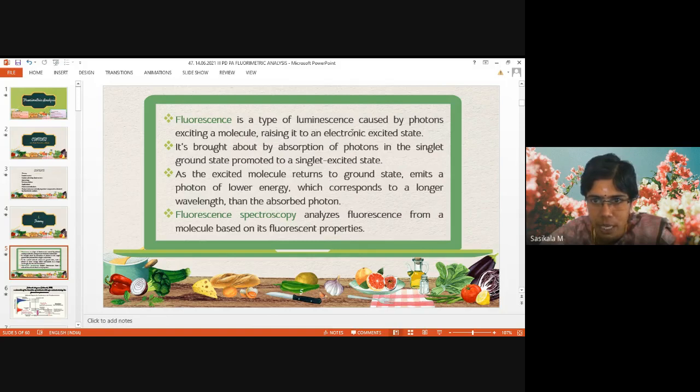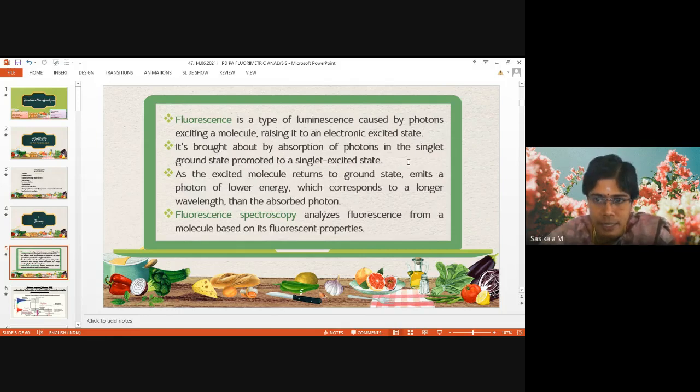So raising it to an electronic excited state is brought about by absorption of photons in the singlet ground state. Ground state is the stable state, called the singlet ground state, where the electrons will be in paired condition, with opposite spin in the orbitals. You could find paired electrons in an orbital.